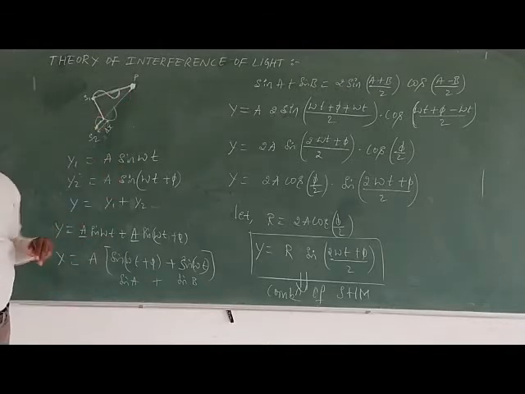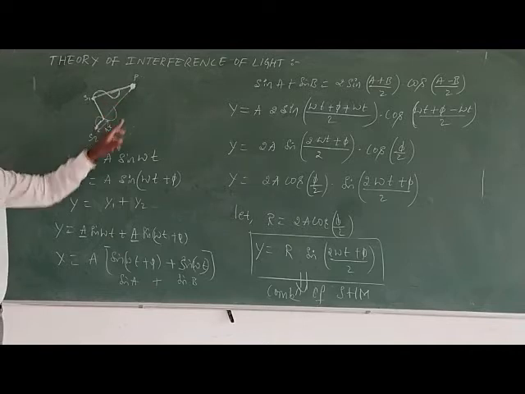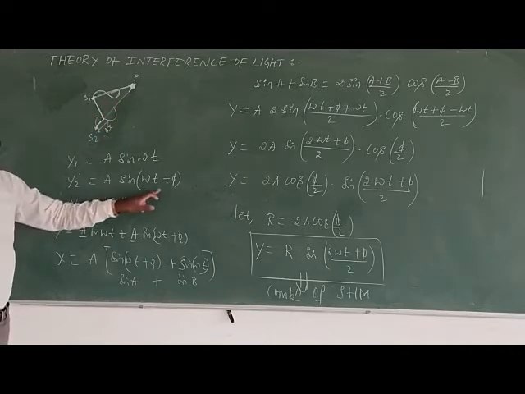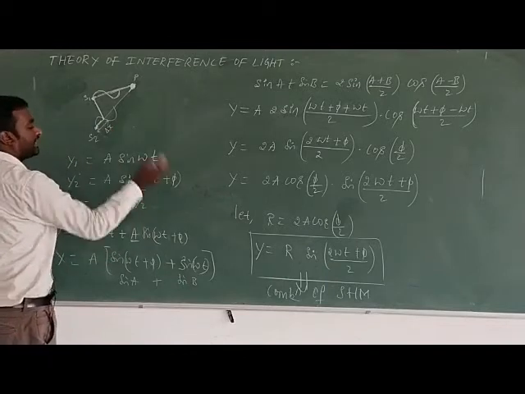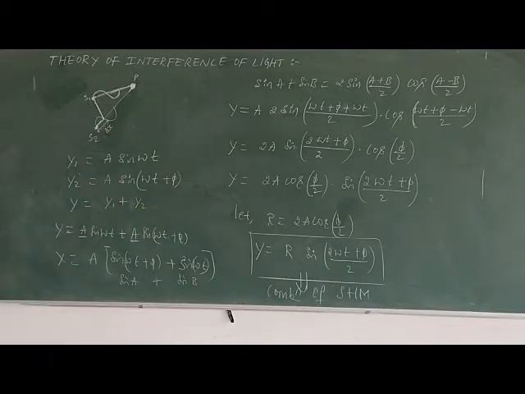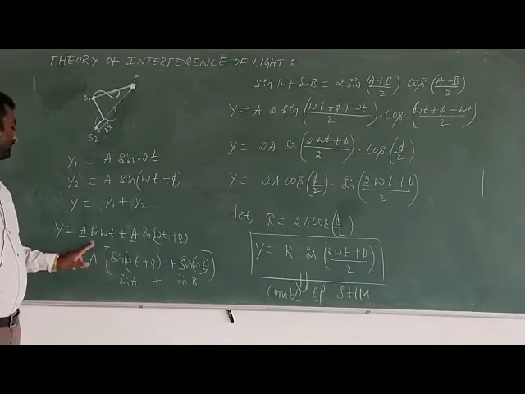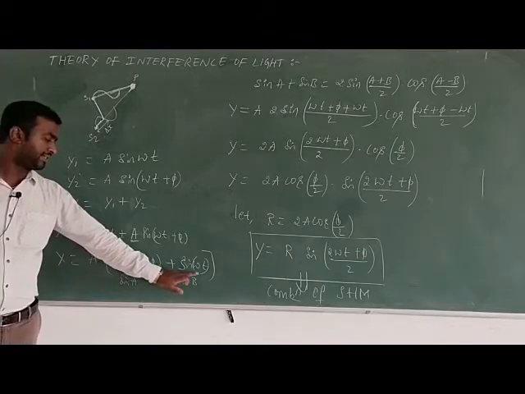Like that, the displacement equation for the second wave at point P is a sin(omega t plus pi). Here the plus pi is taken because of its initial phase. To get the resultant displacement we add y1 plus y2. So finally we got sin(omega t plus pi) plus sin omega t.